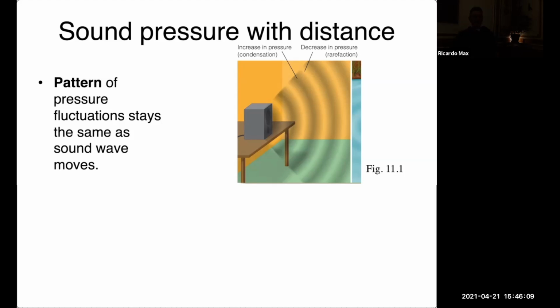So these waves, the pattern of these waves, the frequency, which is, let's say here in this picture, the distance between the sparse density and the condensation, remains the same over a long distance. These fluctuations don't change along the propagation.